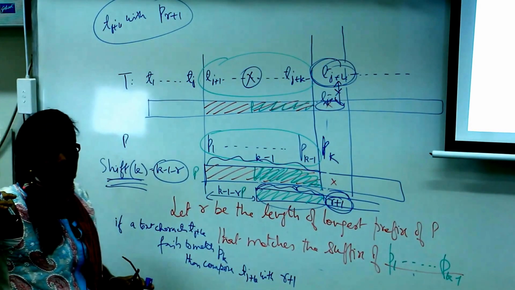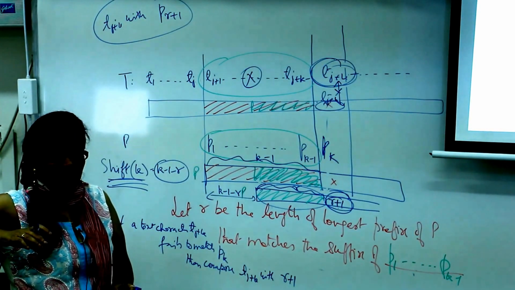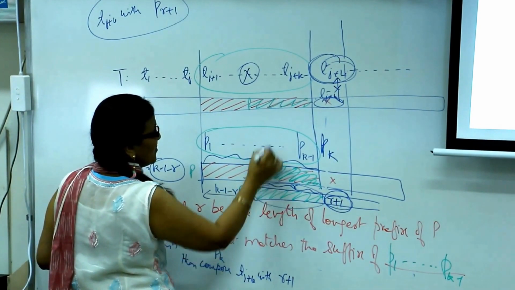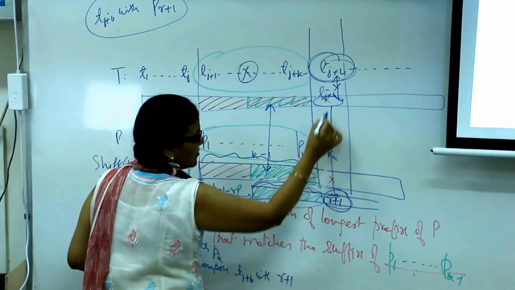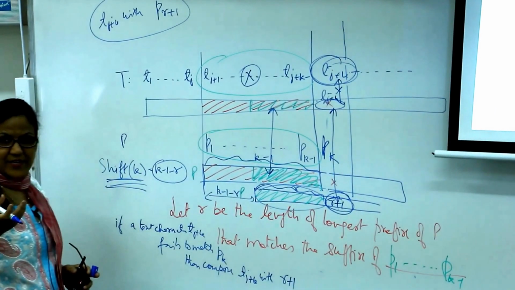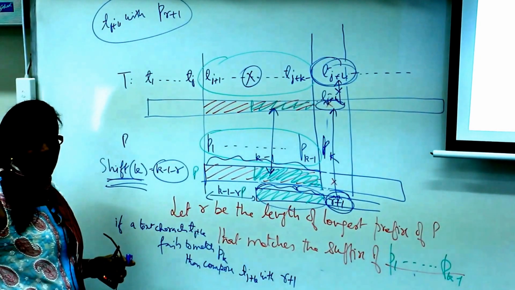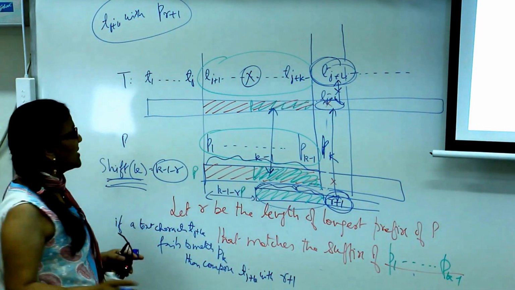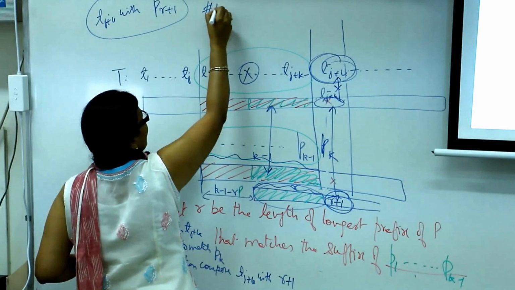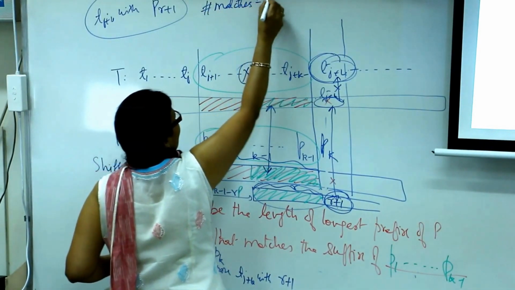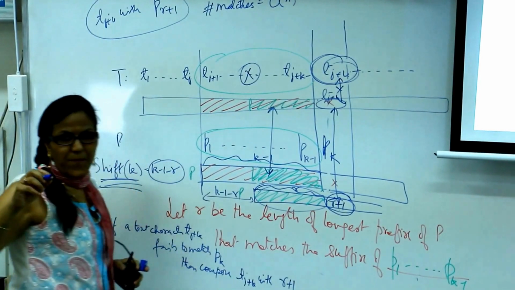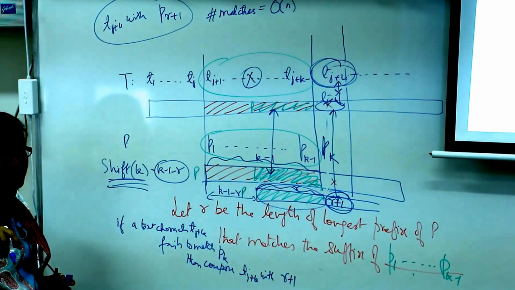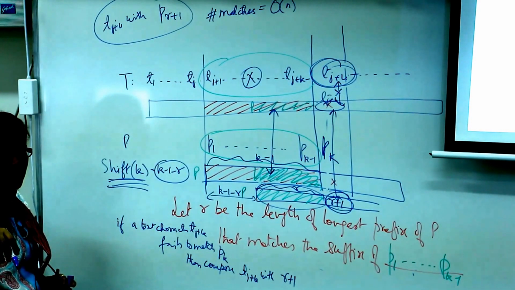So a character in a pattern may participate in more than one match. So P of R plus 1 was matched here also, and it may match here also. But a character in a text never participates in more than one match. So the number of matches is order n. Correct? Fine.